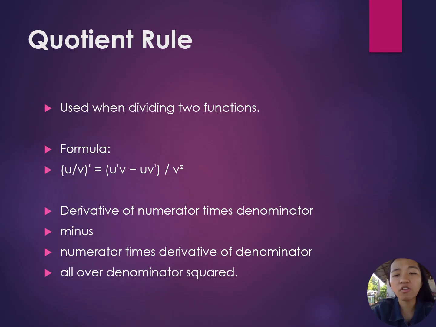This means we multiply the derivative of the numerator by the denominator, subtract the numerator times the derivative of the denominator, and then divide everything by the denominator squared.